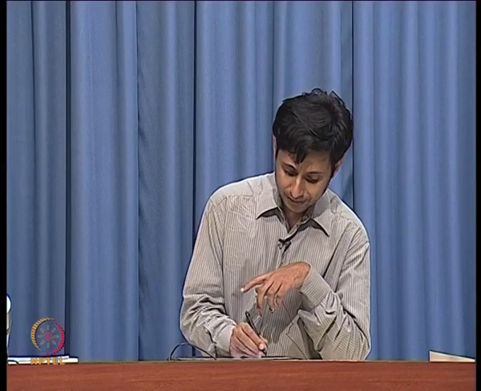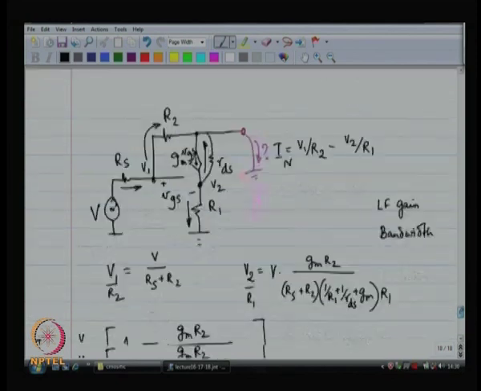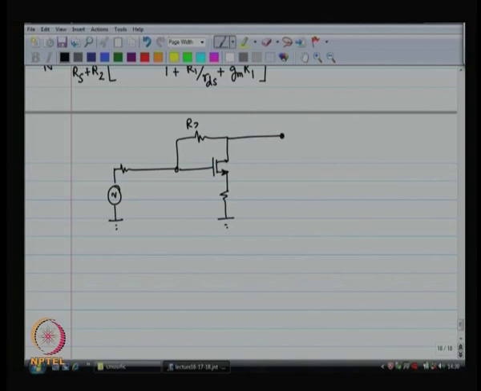Experiment number 2 is the output impedance. So, this experiment I am yet to do. All right.